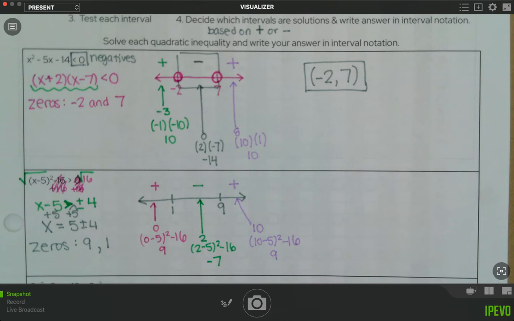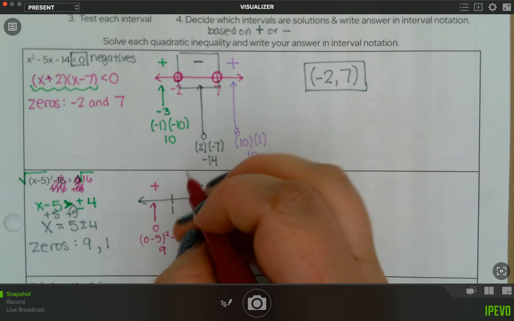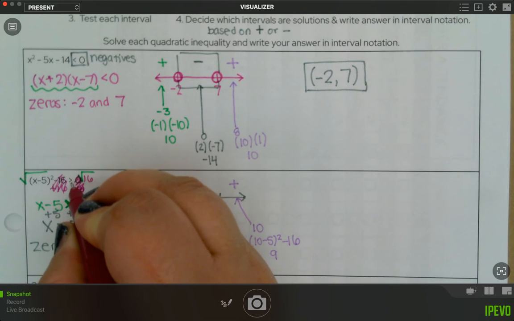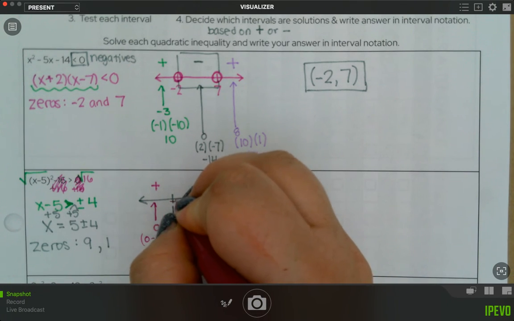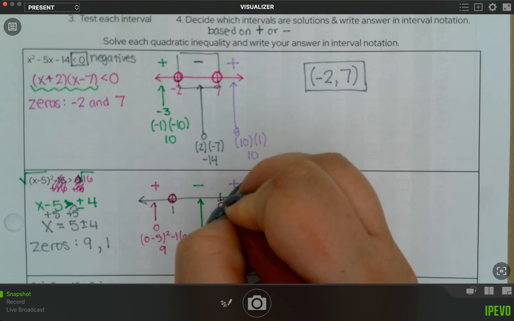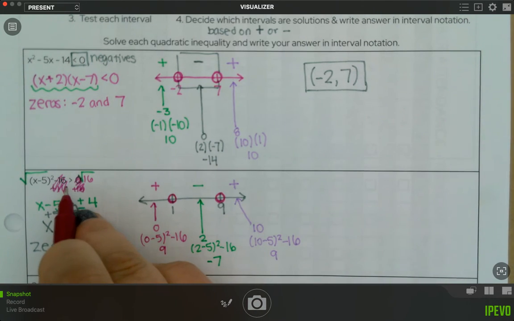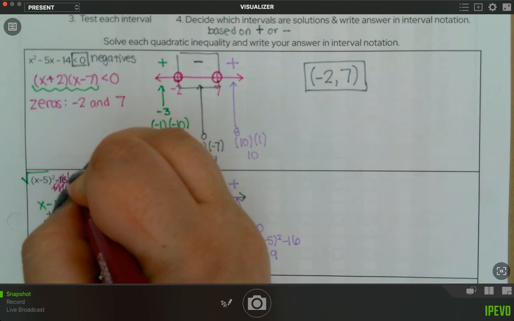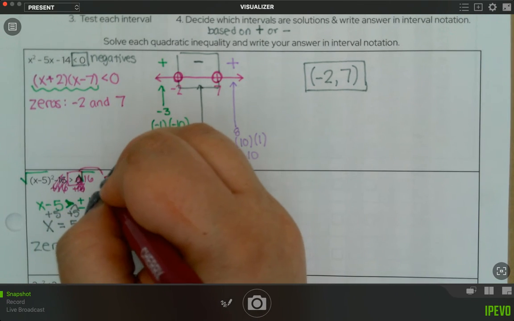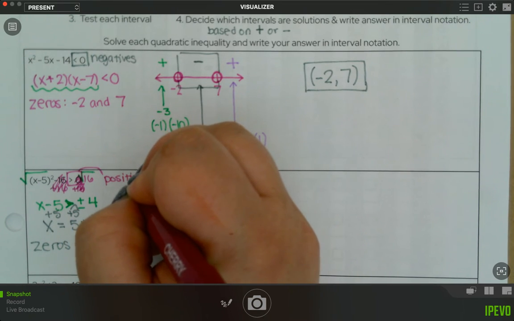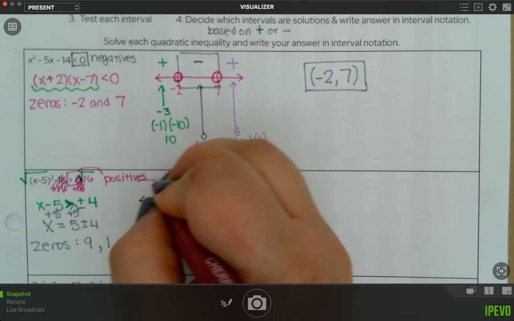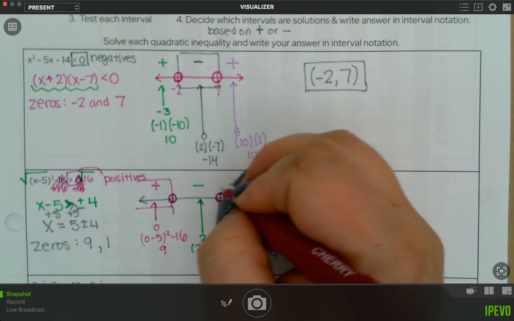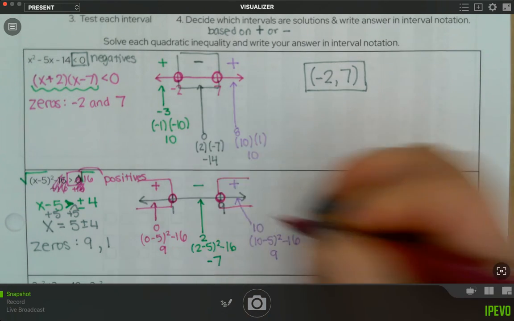Then I'm going to look back at my original problem, and I forgot to draw an open or closed circle. There's no equals to, so I'm going to draw an open circle real quick. And this one says greater than 0. So because it says greater than 0, that means I want my positives, which is going to be this area over here and this area over here.